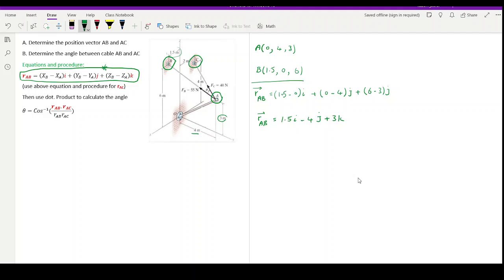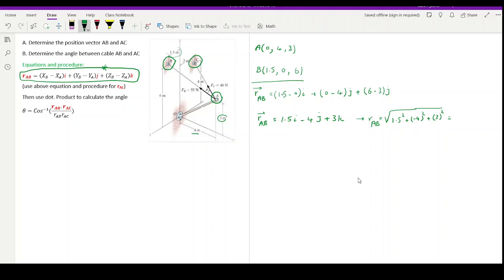Easy. I can use this to find the magnitude of RAB. So the magnitude of RAB is square root of squares. You know this equation. So 1.5 squared plus negative 4 squared plus 3 squared.